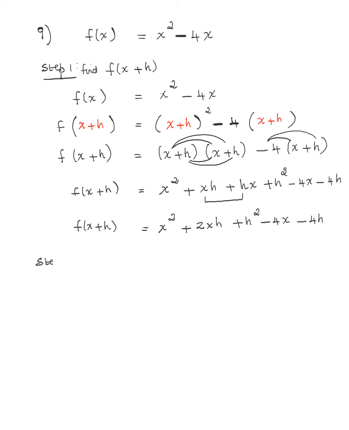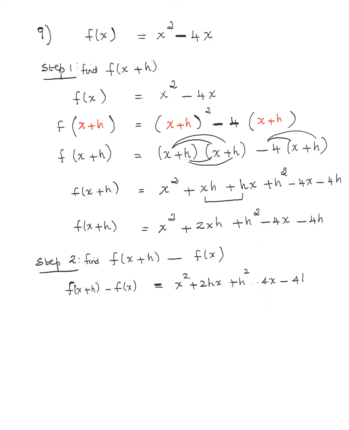Step number 2. This problem is going to be a little longer than the previous one. Again, we are going to find f of x plus h minus f of x. From the previous step, get f of x plus h, which is x squared plus 2hx plus h squared minus 4x minus 4h. This is only for f of x plus h. Minus f of x, which is x squared minus 4x.